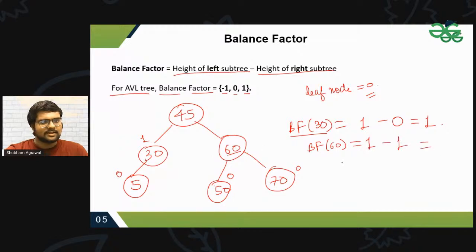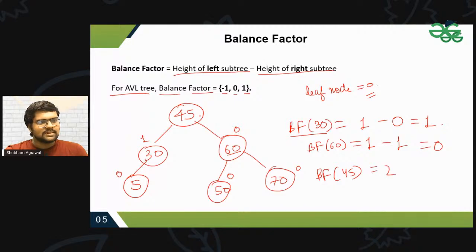So the balance factor of this node will be 0. Now if we compute the balance factor of 45, the height of the left subtree is 2, as you can see here, because the longest path from this node to a leaf is of length 2. In the right subtree it is also 2. So it is 2 minus 2, which is 0. So here also the balance factor is 0.